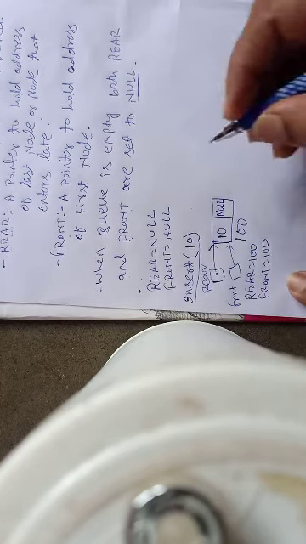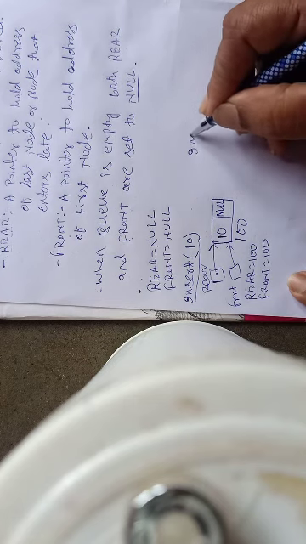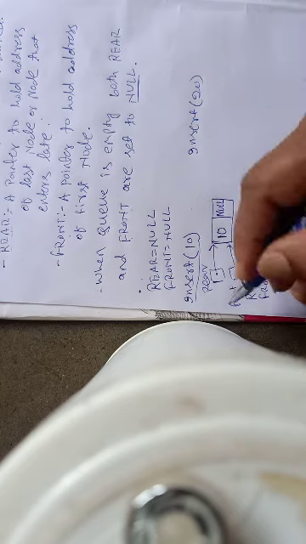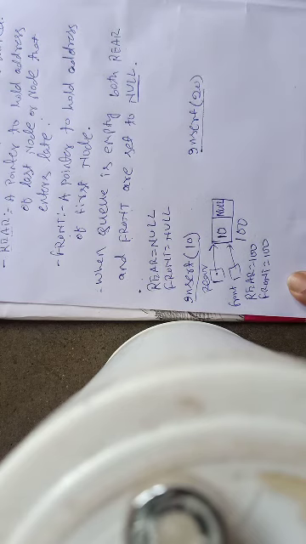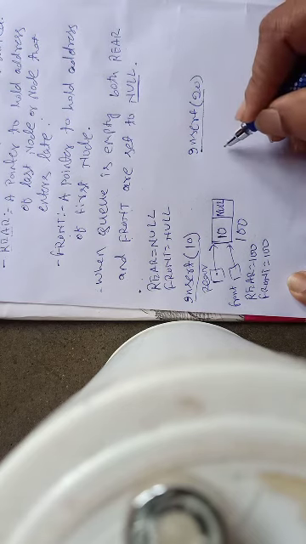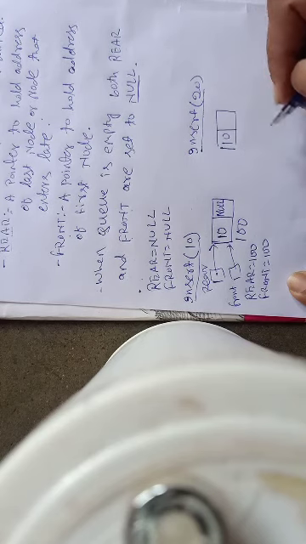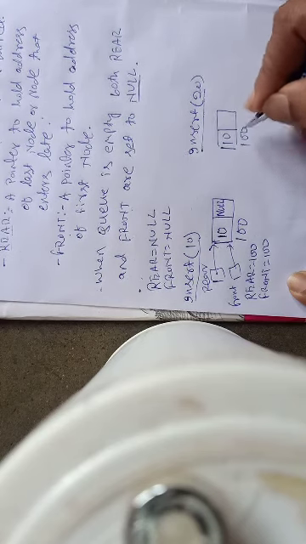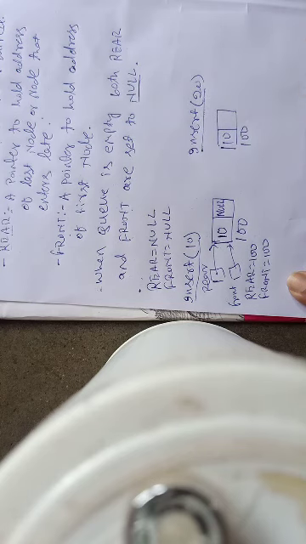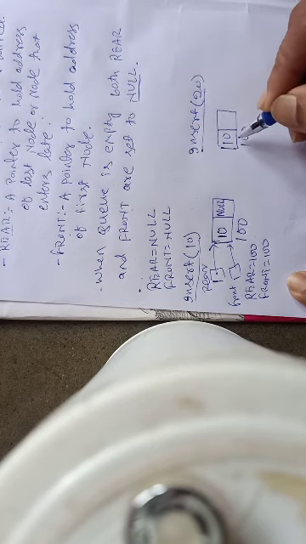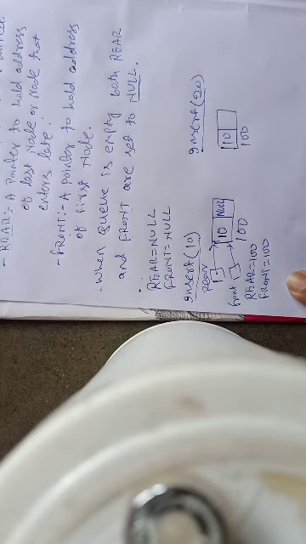Clear? Now the moment I perform insert 20, the first operation is over, and another item will be inserted. Already we have 10 in our queue and its address is 100. At this position another new node should be created. Right now the first node is rear as well as front, but now we will create a new node.